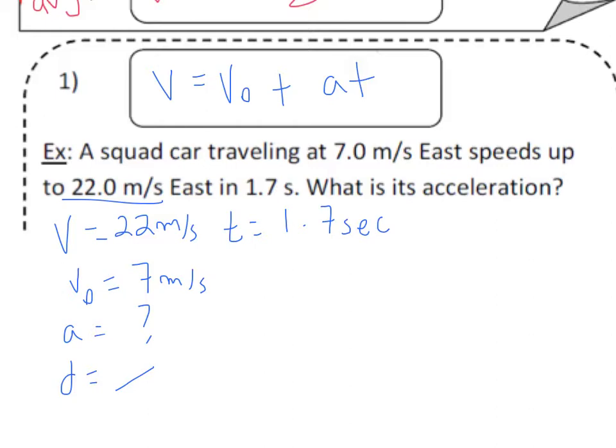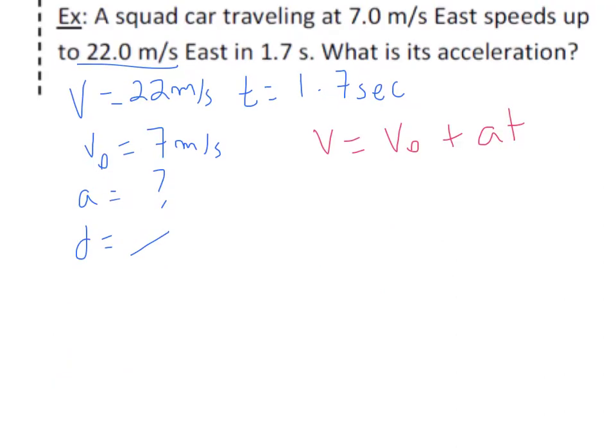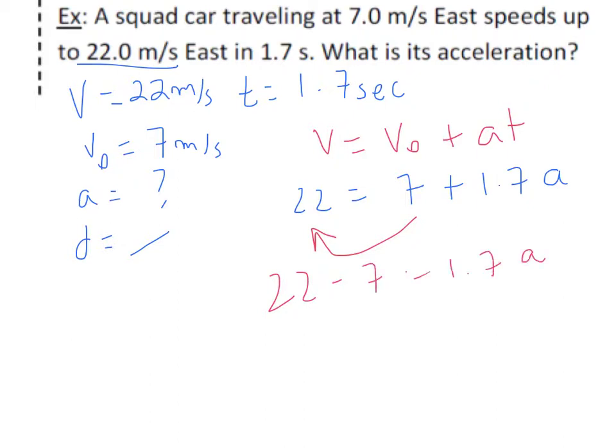Now we're just going to plug these into this formula. v equals vo plus at. So let's plug in 22 equals 7 plus 1.7a. Then we bring the 7 over to the other side, so it becomes 22 minus 7 equals 1.7a.